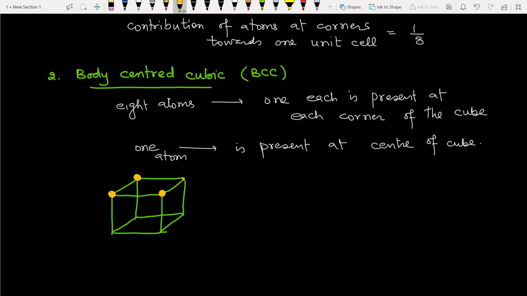Eight atoms present at the corners and one atom at the body center, the point of intersection of body diagonals.